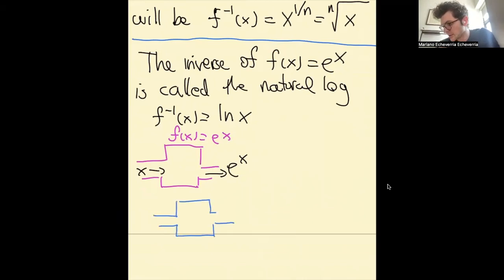The inverse takes e to the x and gives you x.